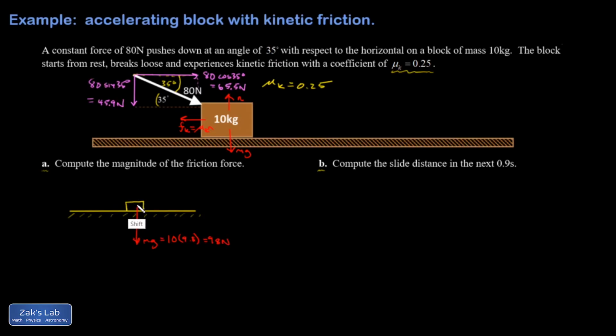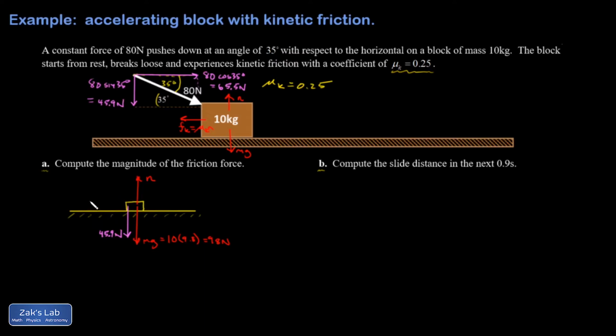The normal force, it's so tempting to say the normal force is mg because in so many examples it is, but not in this one because the component of our applied force points down. And I'm going to go ahead and just keep the color on that. So it was like this. And that came out to 45.9 newtons. All right, that means the normal force has to do a little bit more to hold this thing up.